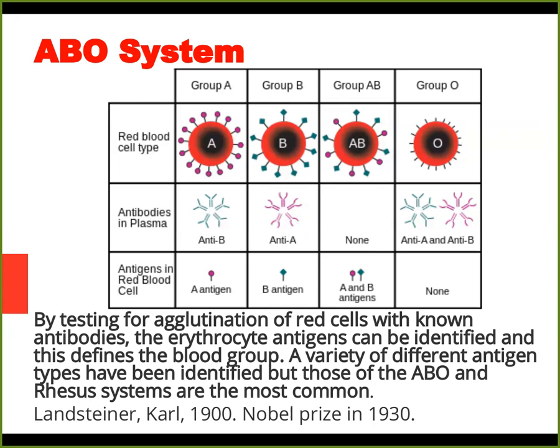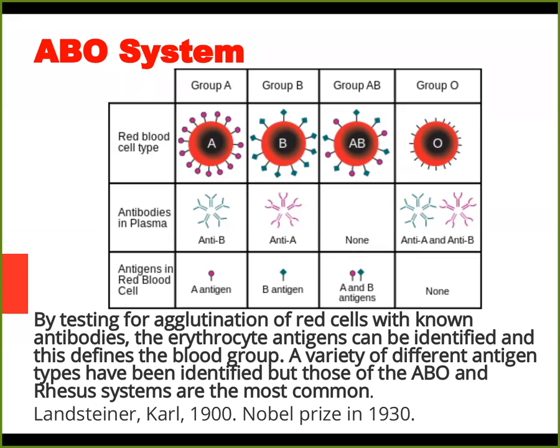In general, we name these proteins agglutinogen A and agglutinogen B. And you may find all persons divided into 4 groups.